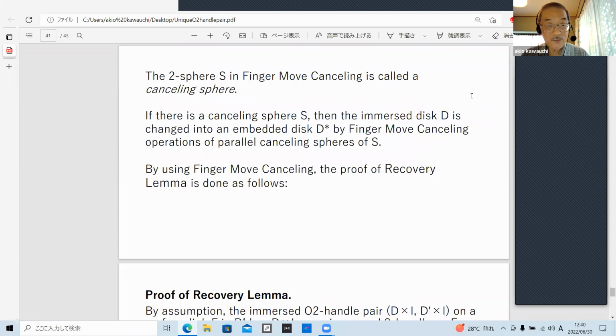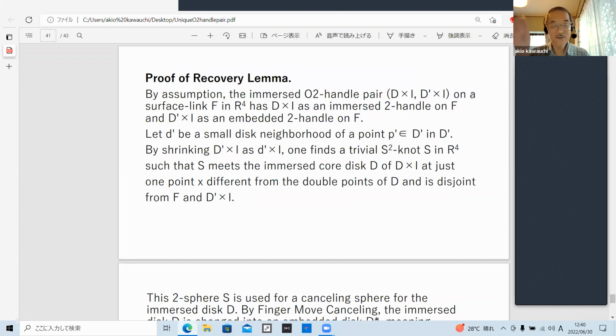So, a recovery lemma. On one hand, one 2-handle is embedded and the other, immersed. In that case, the embedded 2-handle is just squeezed, shrunk like a line, a very small solid tube inside.